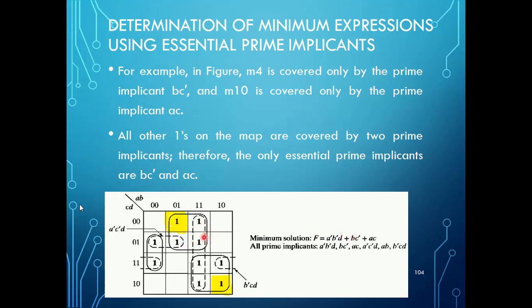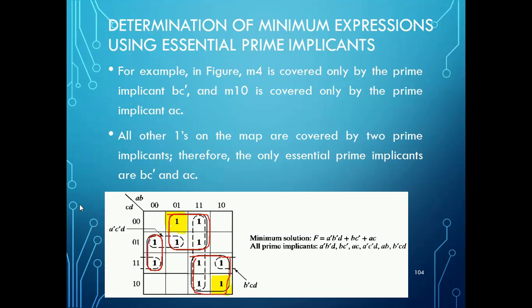And the other thing, after encircling these essential prime implicants: we had a procedure for writing the minimum solutions. What was the first step? You have to identify the essential prime implicants and start encircling. If you see this one and start encircling here, and next start encircling this way, two more ones are remaining, so you will be encircling the other one.